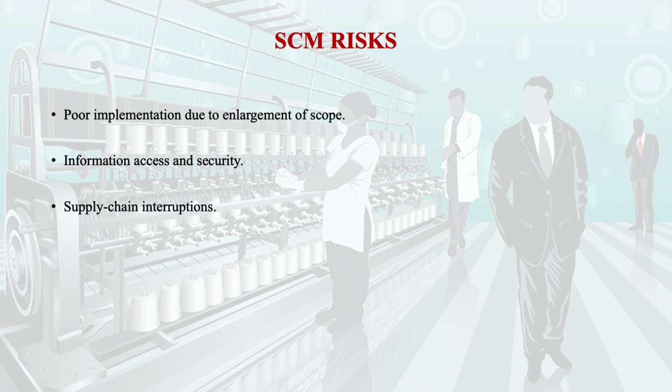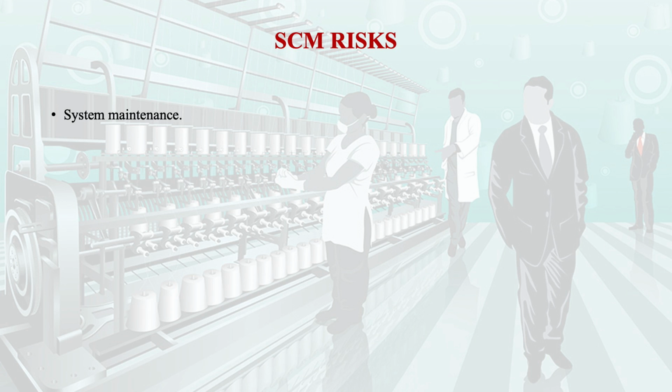Then there may be supply chain interruption or disruption due to some natural or man-made calamities. Unidirectional loss of bargaining power, training and change management, system maintenance, the challenge of developing trust and managing interorganizational dependency.